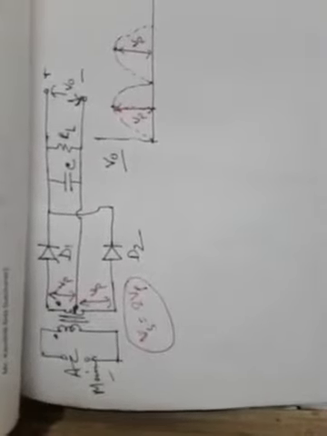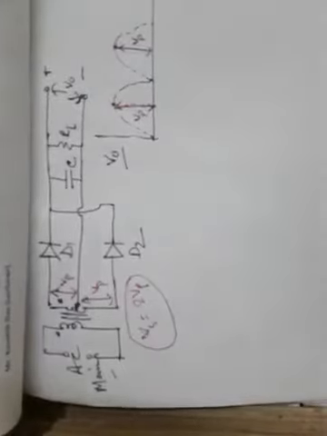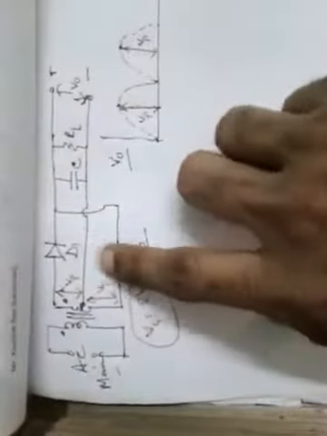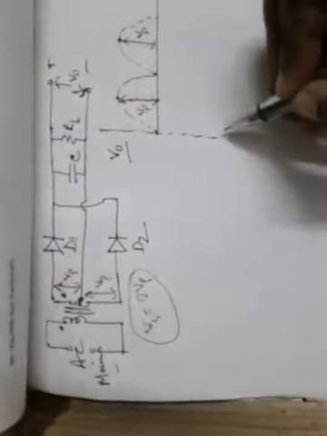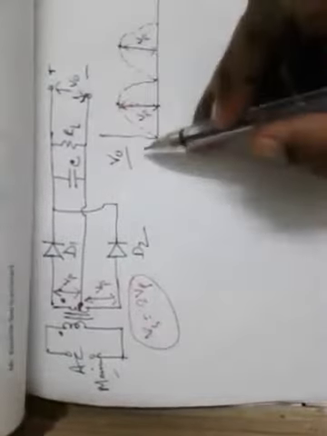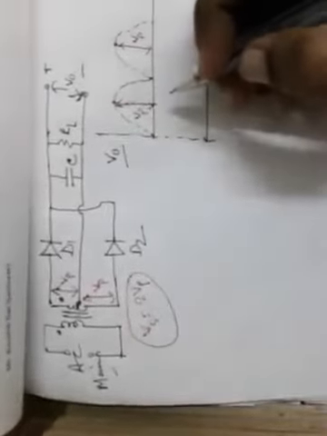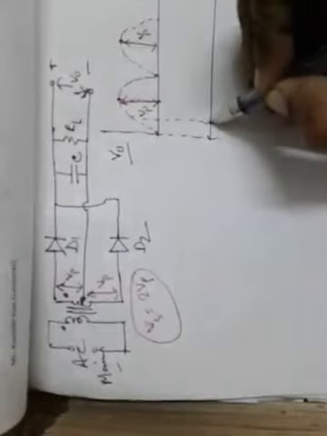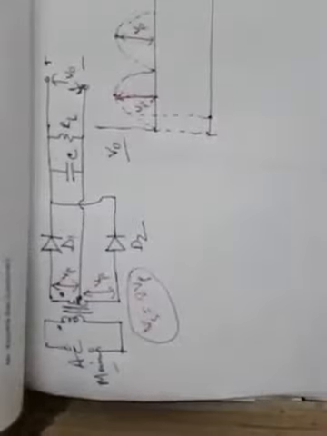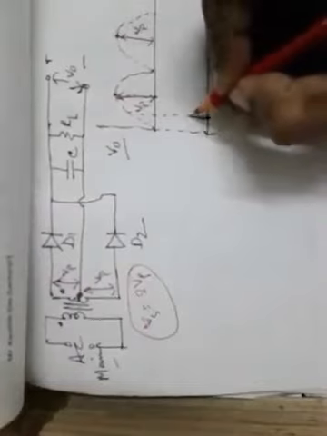During this charging period, the waveforms should be like this. For this charging, either of the diodes D1 and D2 should conduct. So along with this output voltage, let us draw the diagram for the diode current. Suppose at this point of time the diode D1 starts conducting, so the waveform will look like this.